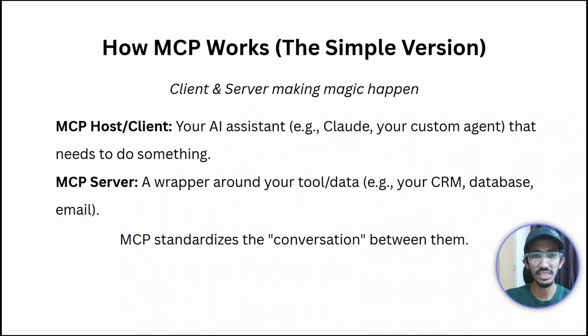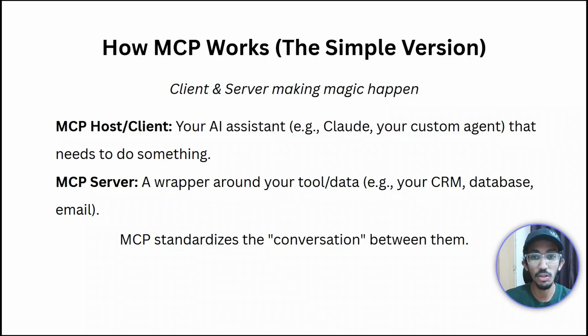Now, let's quickly touch on how MCP works in simple terms. You've got two main players. First, the MCP host or client. This is your AI assistant. It could be a model like Claude or a custom AI agent that you are building. It's the part that needs to do something or get some information. Second, the MCP server.